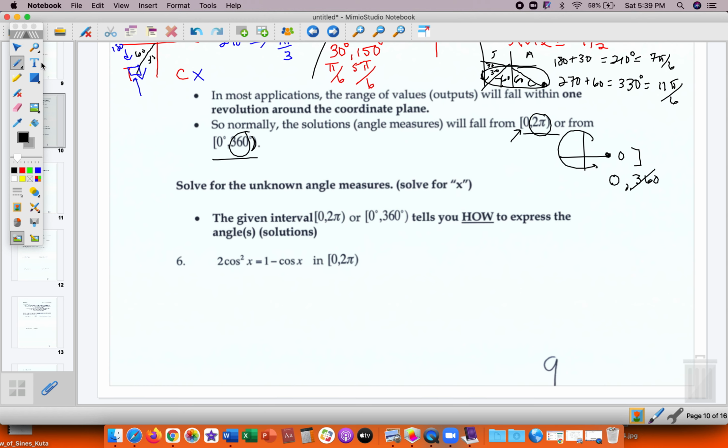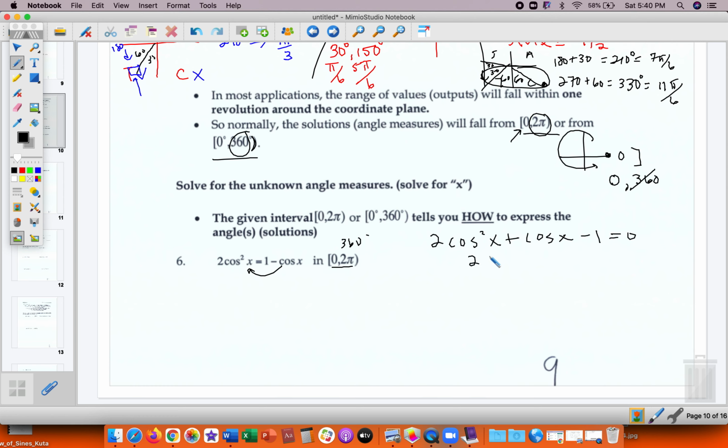So this next one that we're looking at, it says, let's find all of the answers between 0 and 2 pi, or 0 and 360 degrees, right? I see that this is a quadratic, so I'm going to get all terms on one side. So I have 2 cos squared x plus cos x minus 1 equals 0.